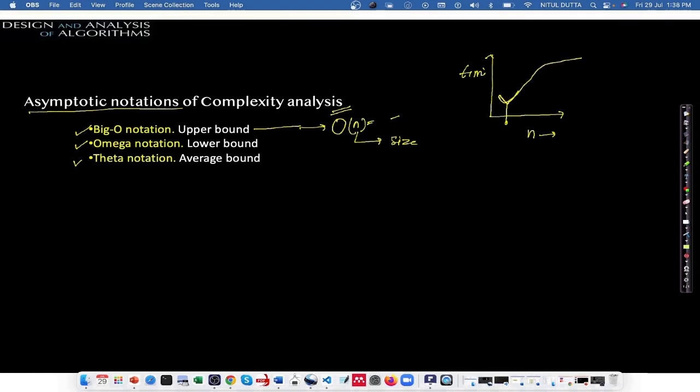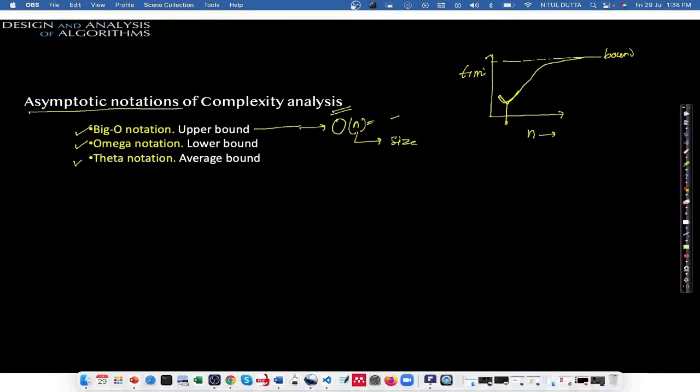But it does not grow infinitely. There is a limit up to which the time can go. That is called the upper bound of the time required to complete the algorithm or complete the process.